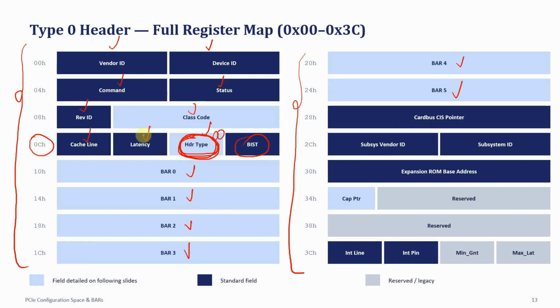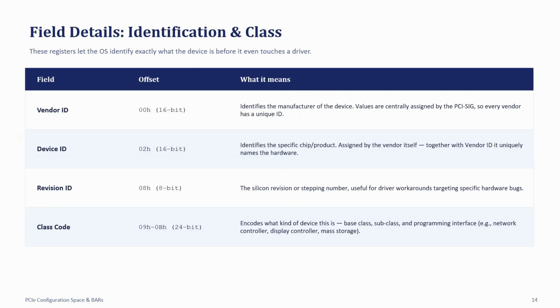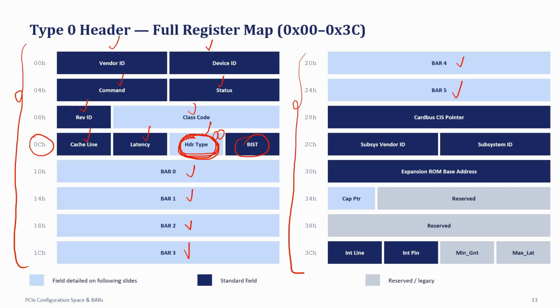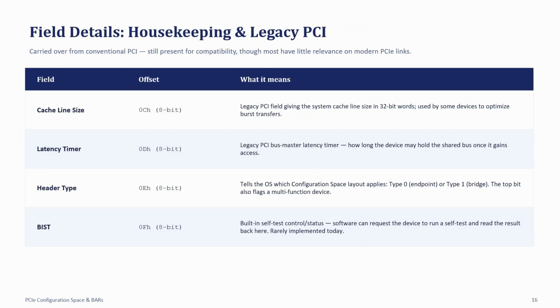So this is my type 0 header configuration space. In it, these are all the registers which will be present. Regarding the exact field details, we will have a separate discussion.